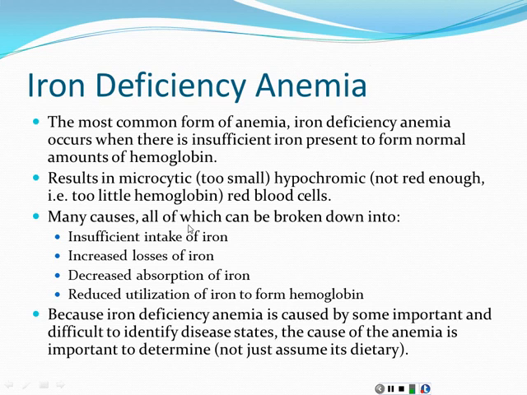So the causes can be broken down into these four. So insufficient intake. We don't need very much iron because our body recycles it so well, but we do need a little. Now, in most people's normal diets, particularly here in America, where so many things are iron fortified, like flour and cereal and bread and stuff like that, we don't see as much of this.